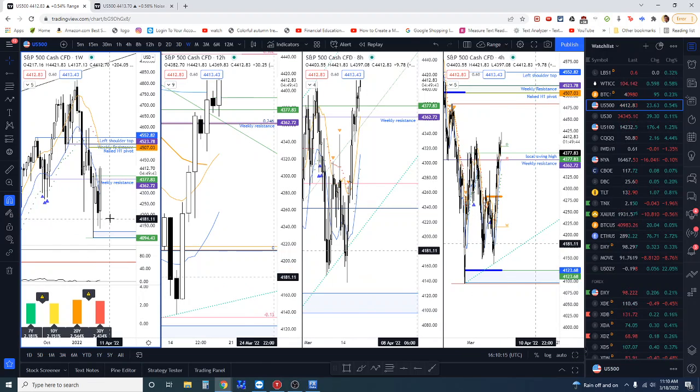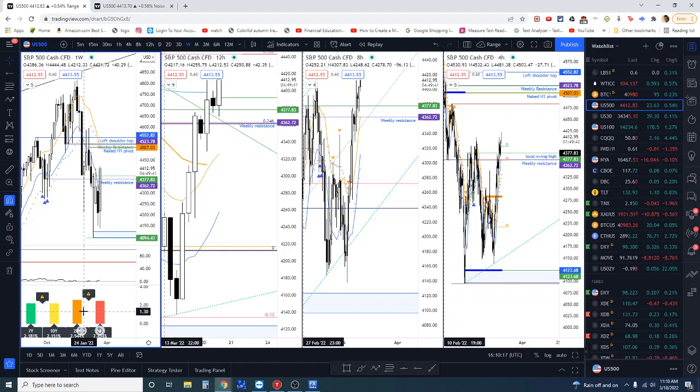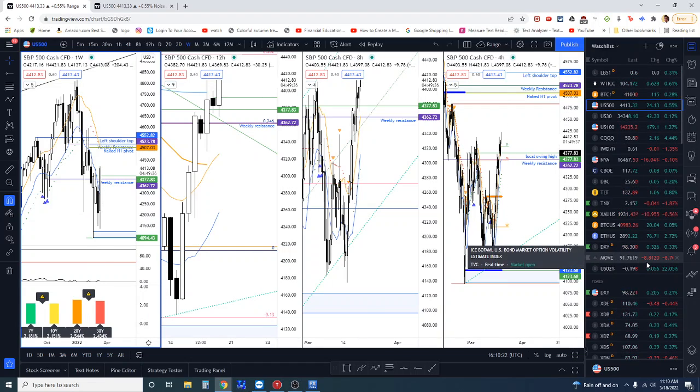fundamentals on the yield curve is the same. Move index is down. It'll be really interesting to see how the week closes with that. But the 2 and 10-year are up. It's getting really close to zero. Yeah, it's in the negative. It's at 0.2.